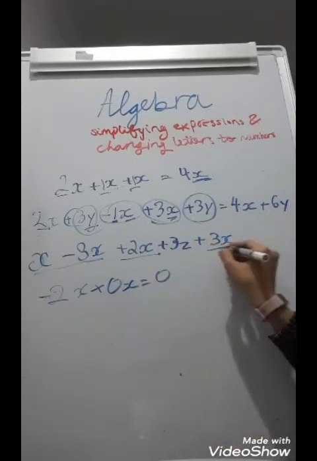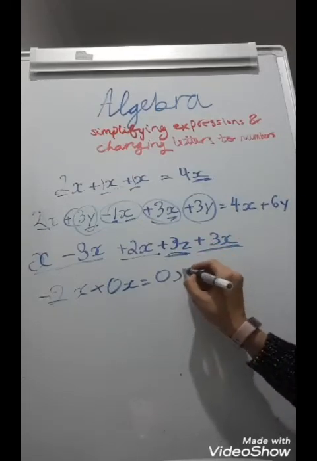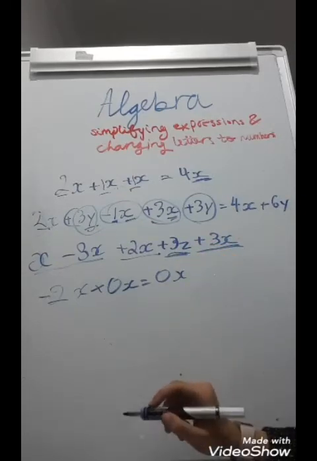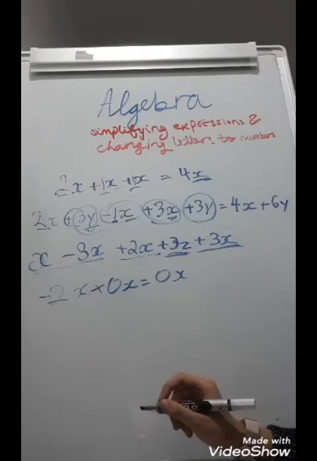Okay? Plus 3x, we can't add a 3z to a 0x, can we? No. Why? Because we can't add a banana to an apple, can we? Of course not.